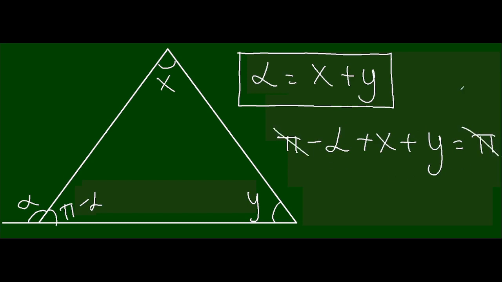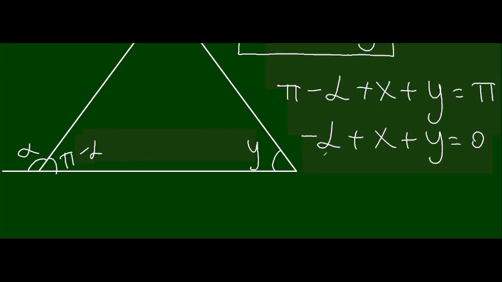Pi and pi cancel, or we can add minus pi to both sides and get minus alpha plus x plus y equal to 0. And from here, we can add alpha to both sides, and we get alpha equal to x plus y. This is the final formula.